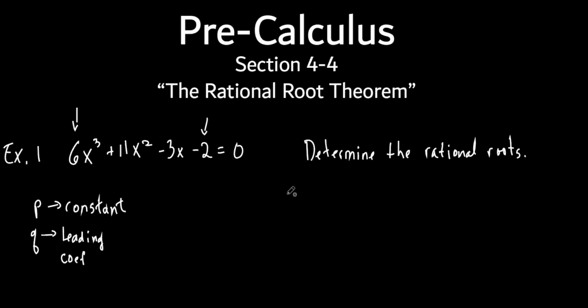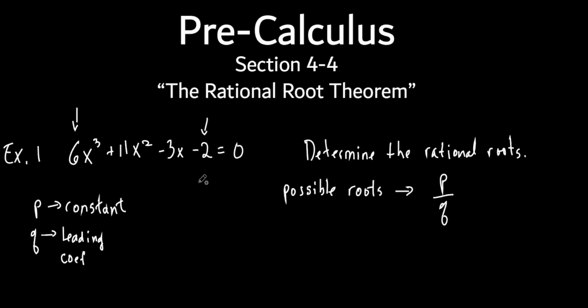actually I wrote down roots. The possible roots are this. The possible roots of my polynomial is P over Q, all right? So P over Q are my possible roots.